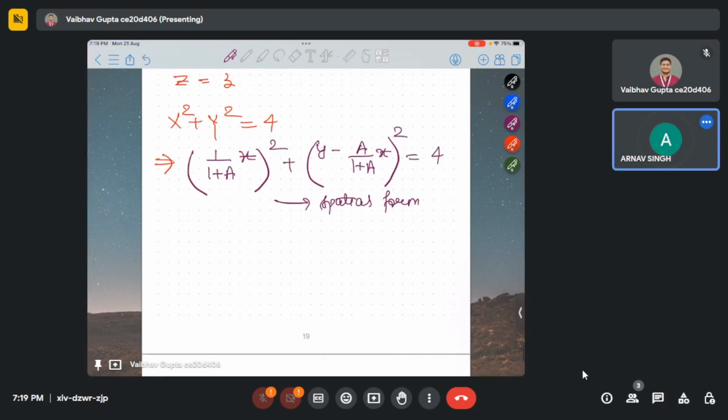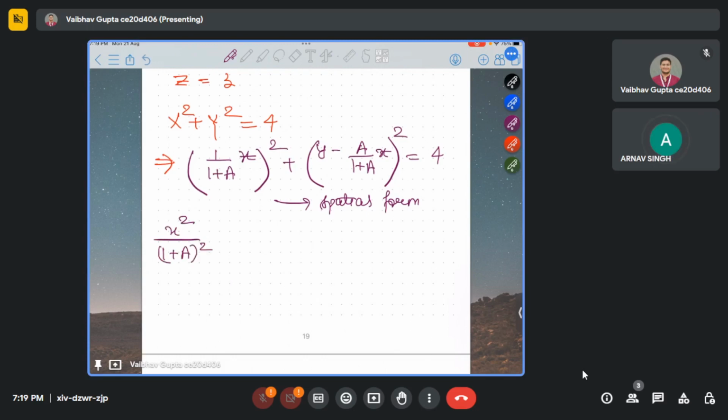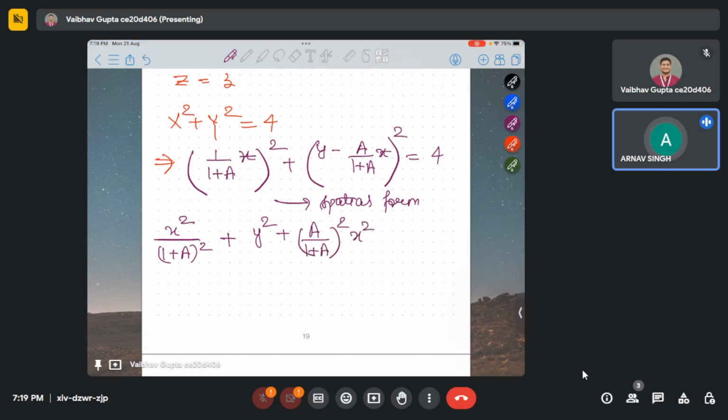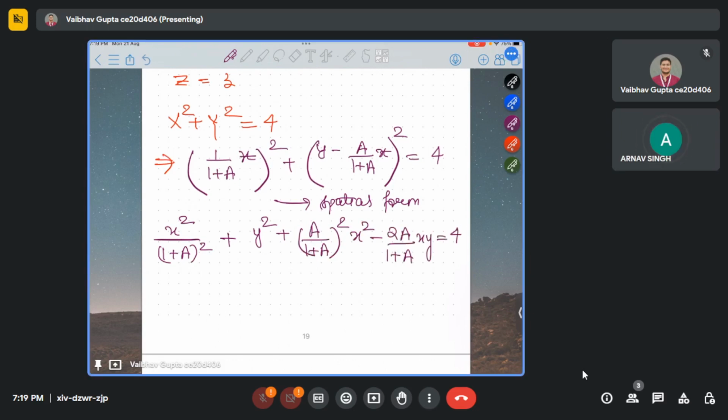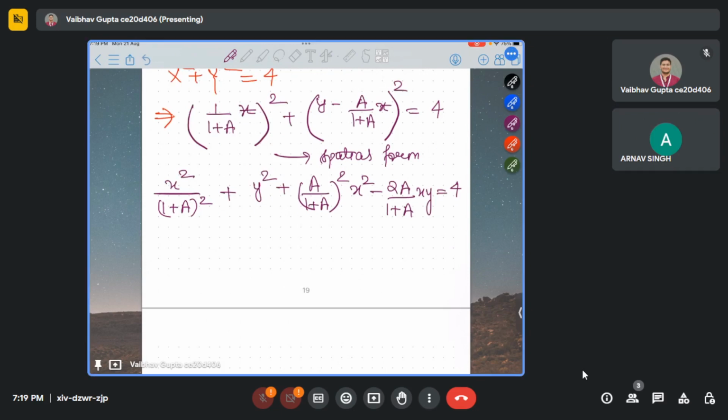Now open this. X square upon 1 plus a square, plus y square minus a x plus a upon 1 plus a whole square is x square, minus 2a upon 1 plus a xy equal to 4. No, one more term is there. No. Okay, all terms are there. Okay. So just take here all these things.